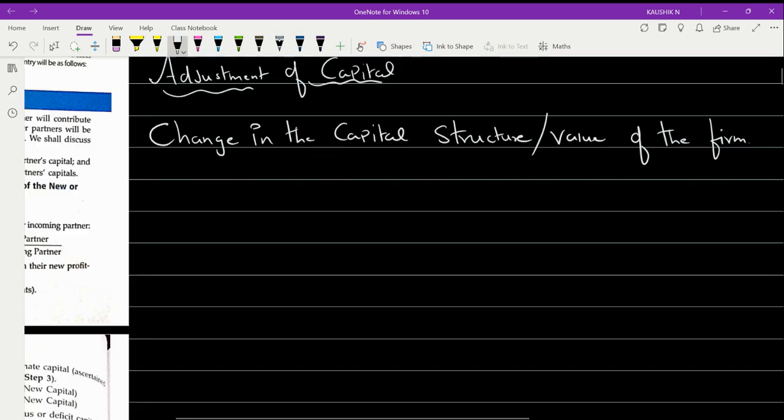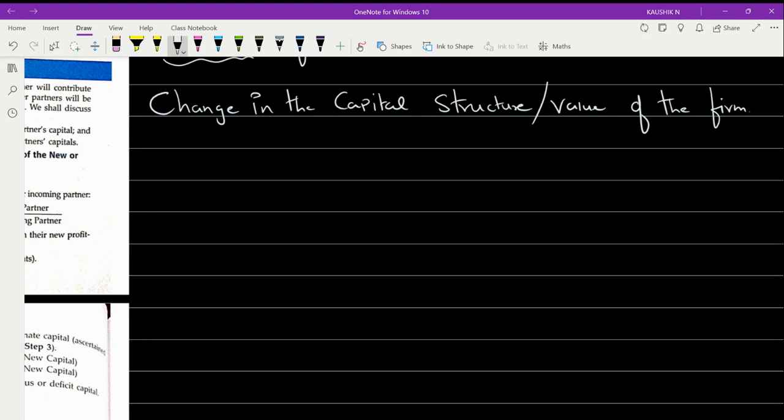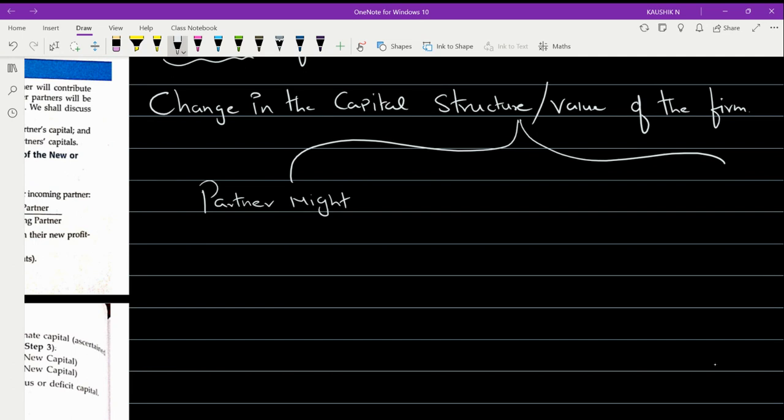Okay, basically, what happens in this? Basically, we have any one out of these two possibilities to happen. The change in the capital structure or value is nothing but, in this we have two different concepts. One, partners might bring additional capital if required.